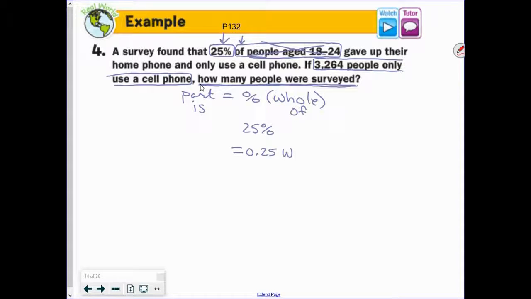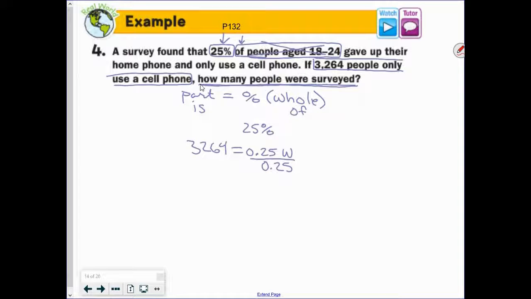So it is the whole, which means 3,264 people who only use a cell phone. This specific group, this part of those people that are aged 18 to 24 that only use a cell phone, that's got to be my part. So 3,264 will go on the left. So now I can solve my equation by dividing on both sides by the number being multiplied by the variable.